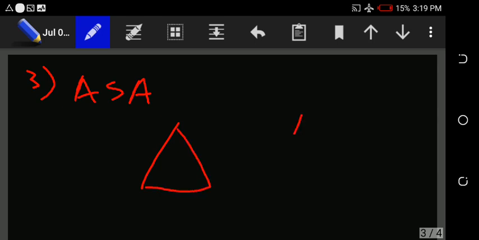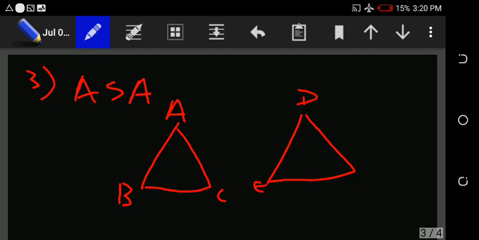You have a triangle here, you have another triangle labeled ABC. You have also, let's say, D, E, and F, such that the angle A is equal to your D, and then the angle here B is equal to E, and then this side in between the angles, in this case that is AB, and DE, these two sides are equal.